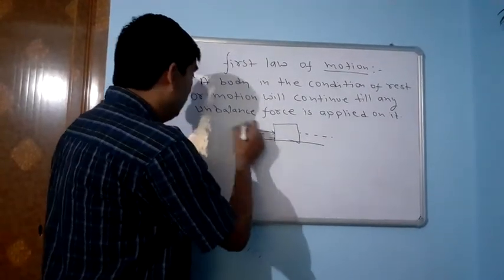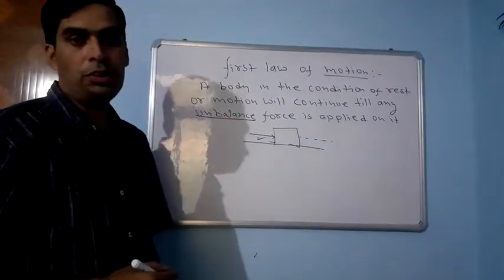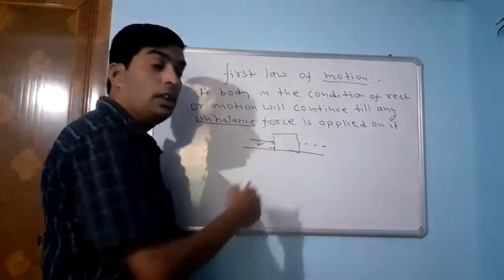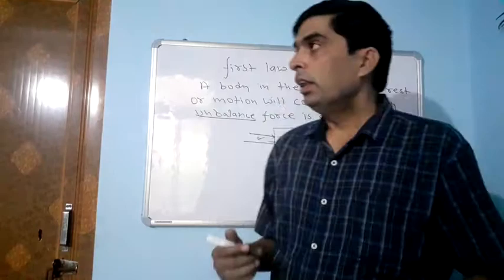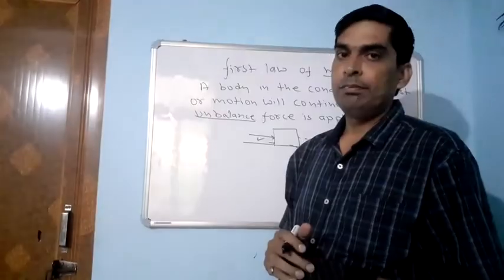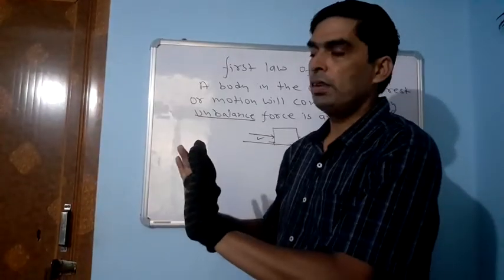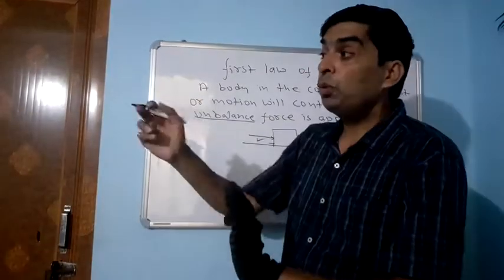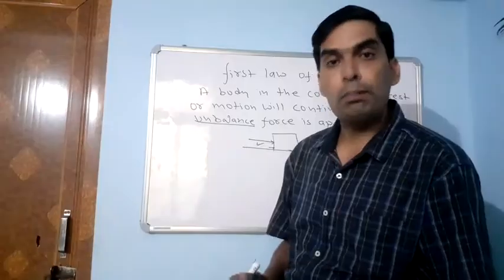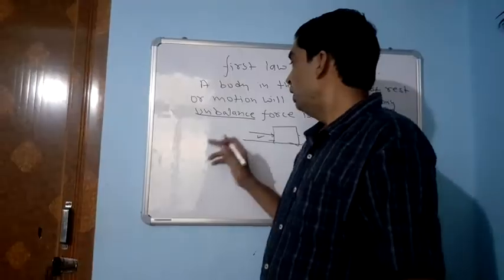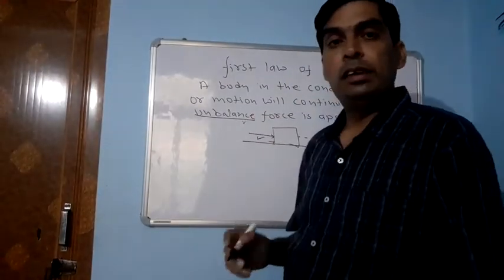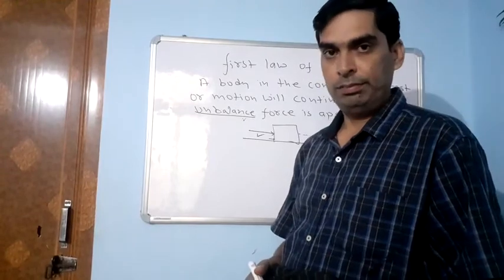Due to this unbalanced force. So, unbalanced force is breaking the inertia of that body. Also, when a body is moving and we apply some force to stop it, again the motion of the body is stopped by applying unbalanced force. So, unbalanced force changes the inertia of the body.